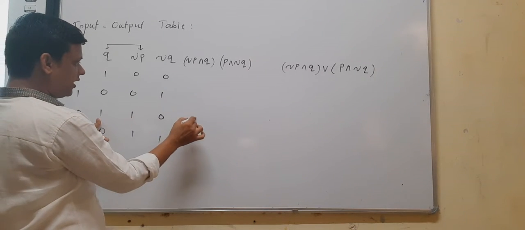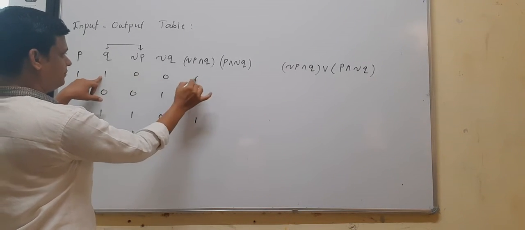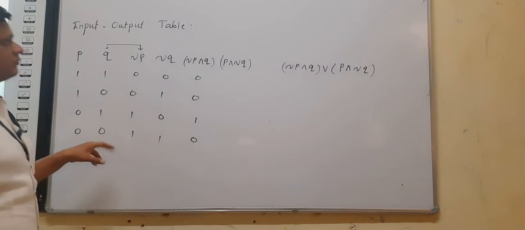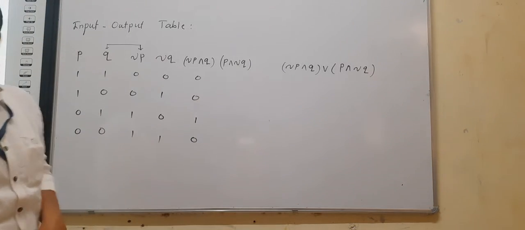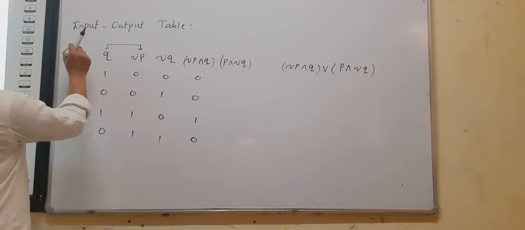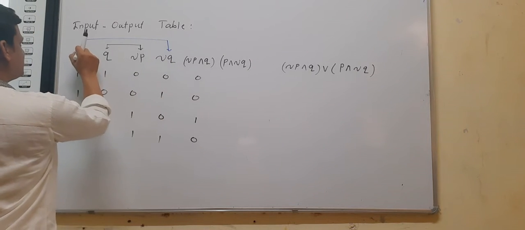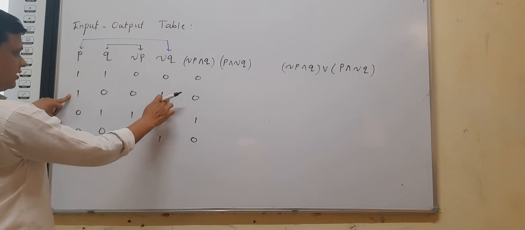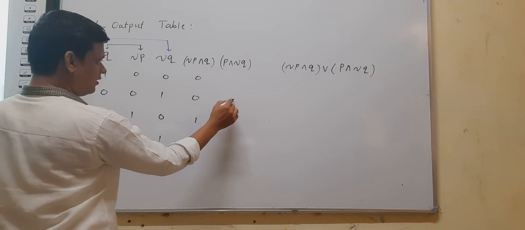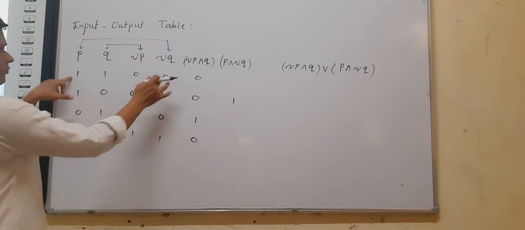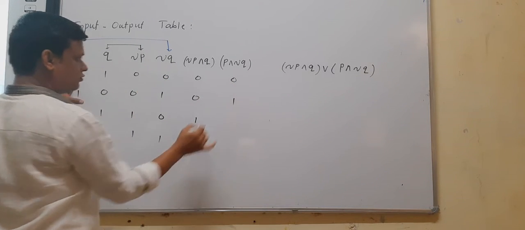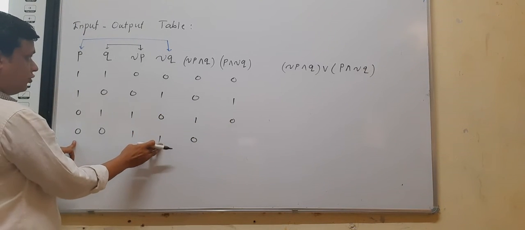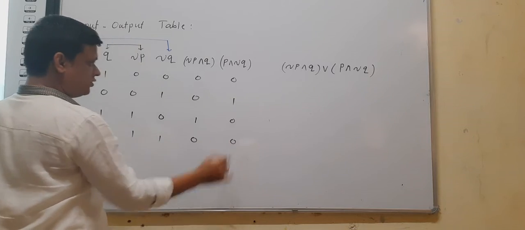Here 1 and 1, so we get 1, otherwise it is 0. Now P and negation Q, for these two columns. Here both switches are closed, so we get result 1, otherwise 0. Both switches are not closed, so we get 0, and again 0, and again 0.